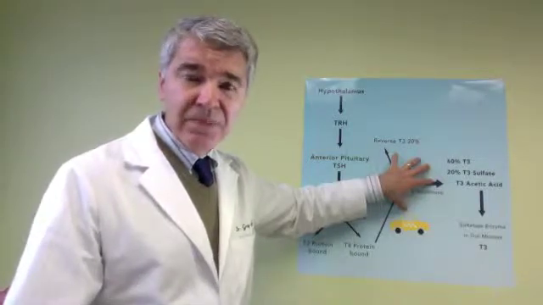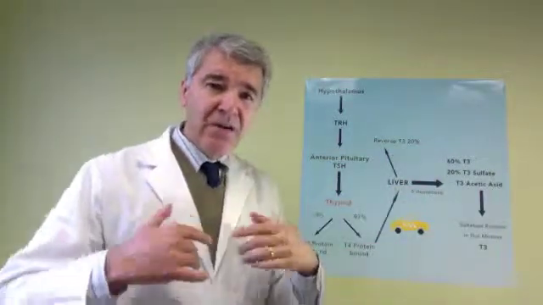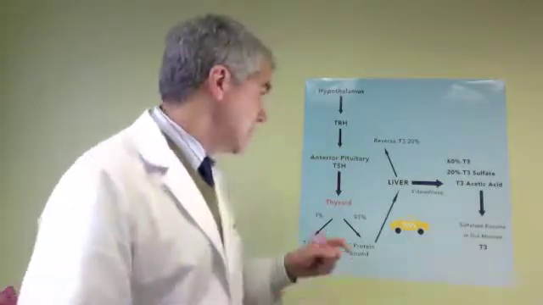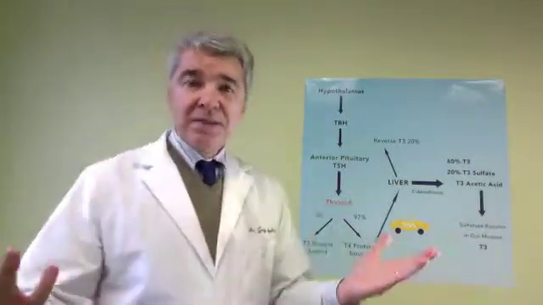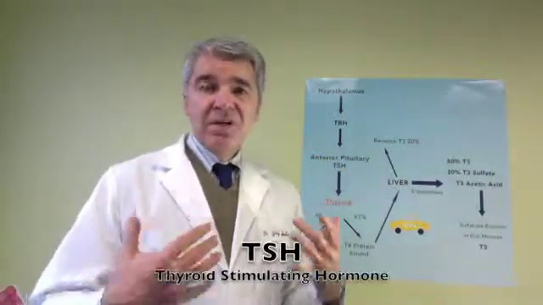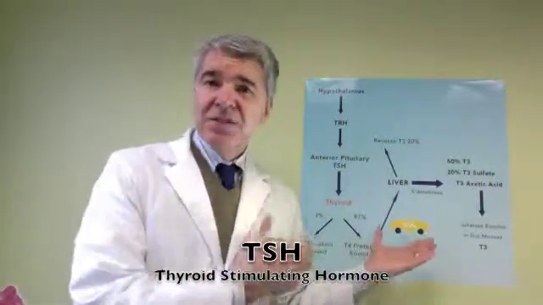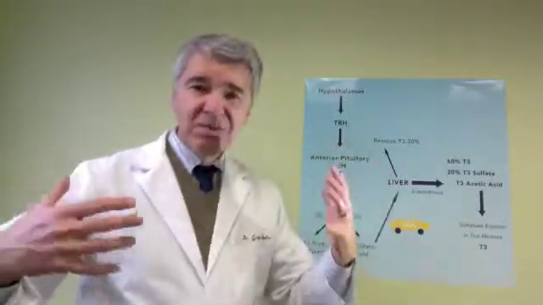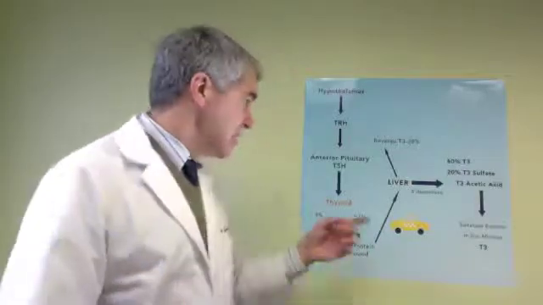It's that simple. So let's talk about how traditional medicine looks at the thyroid. They give you a blood test and they say, let's look at your TSH, which is thyroid stimulating hormone, and let's see how that looks. Well, you feel pretty bad, your hair is falling out, you're bloated, you're fatigued. Well, let's look at the TSH.